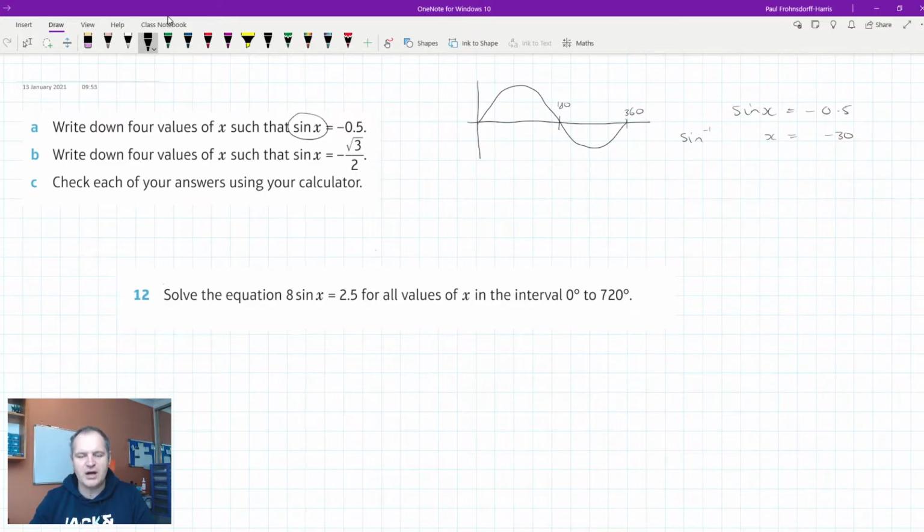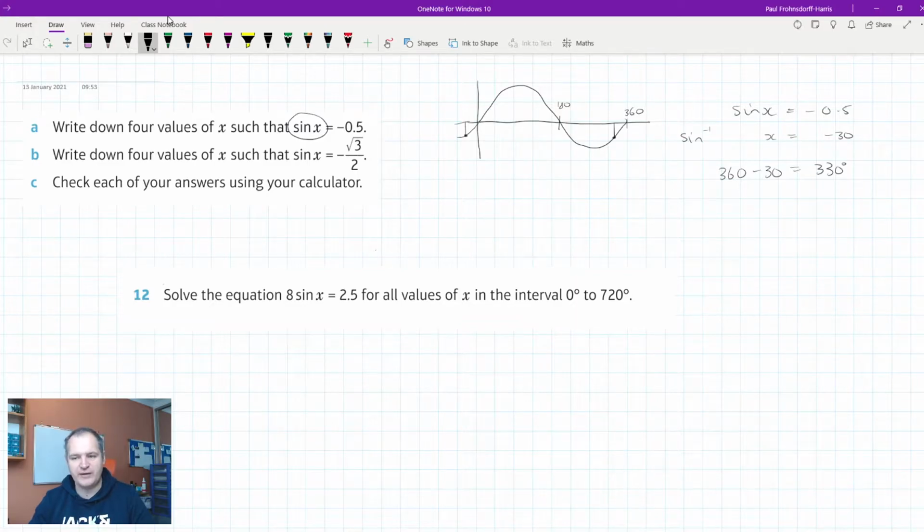Minus 30 looks awfully like this, so it will be the same here, because we know that all these graphs repeat every 360. So we can do 360 minus 30 to get 330 as one of our answers.